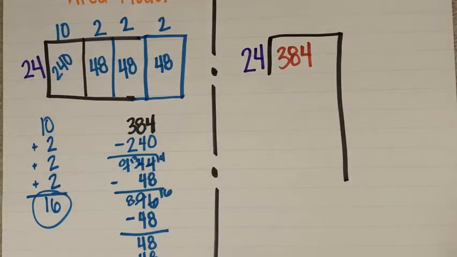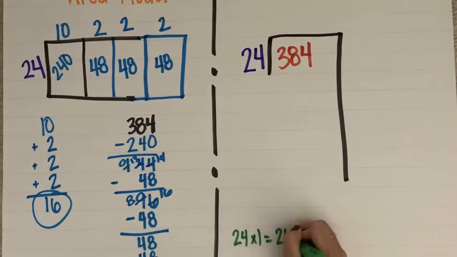So if I think to myself, well, I know 24 times 1 equals 24, then I know if I do 24 times 10, my factor is 10 times greater, my product is going to be 10 times greater. I might do 24 times 2, which I know is 48.